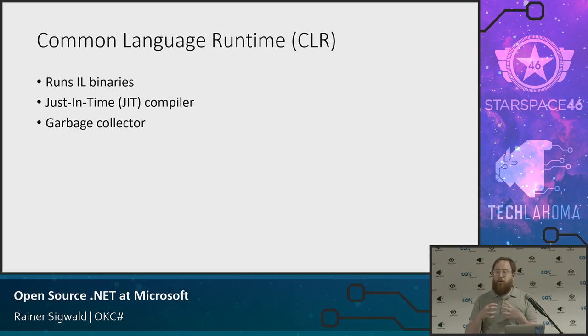The actual program of the CLR that lives in github.com/dotnet/coreclr is a program that has a few different pieces. It has what's called a JIT compiler, a just-in-time compiler, and it has a garbage collector, and it has all of the glue needed to take a program that is in IL and run it on your computer.